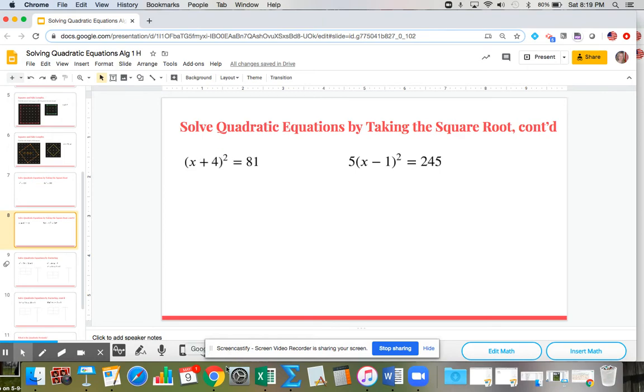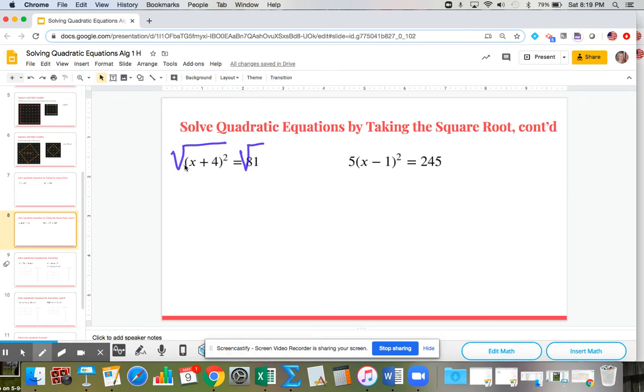So you can solve these using mental math, and I never discourage people from using mental math. But you can also solve them directly, because in this case, my term involving x is isolated. It's all by itself. So I have to now undo squaring by taking the square root.